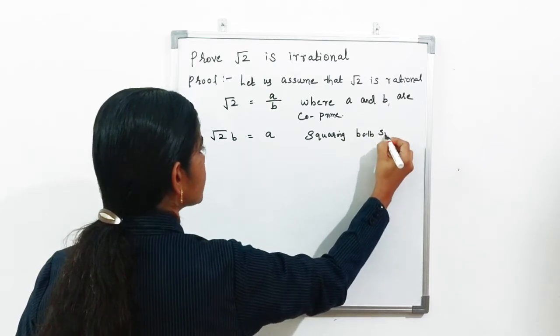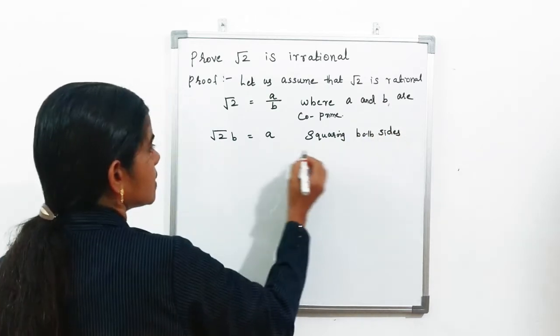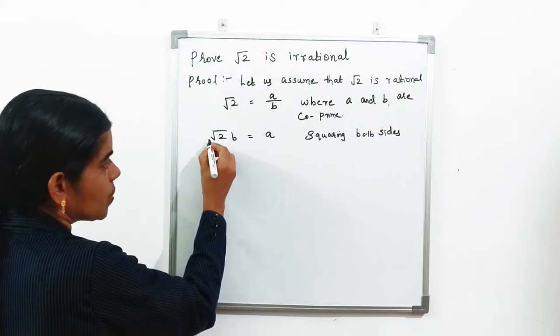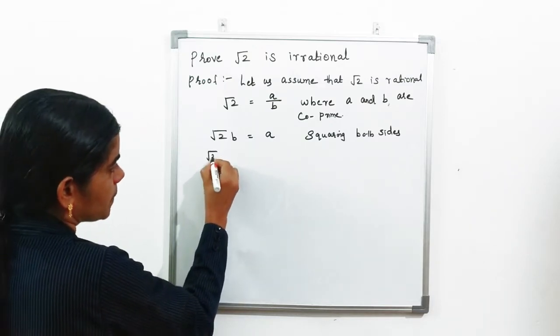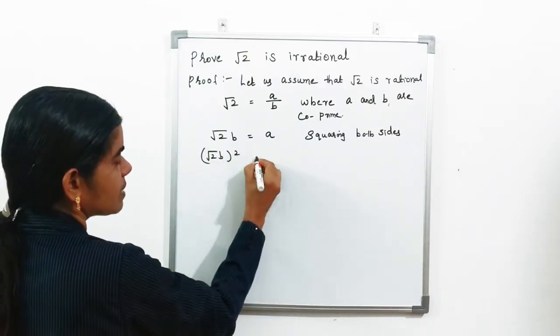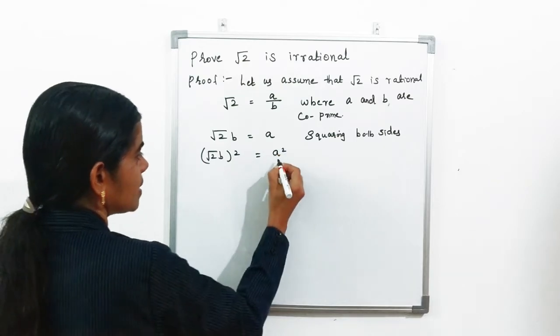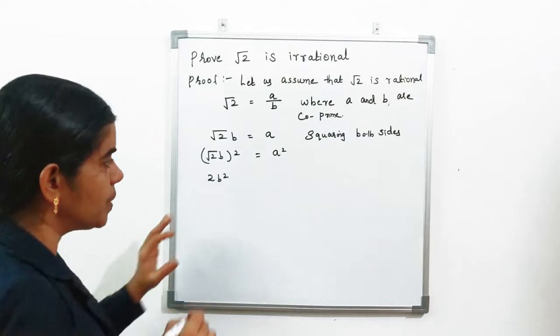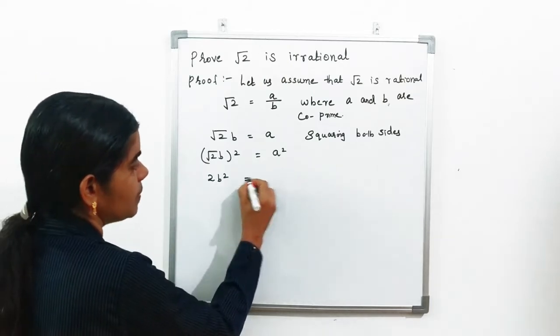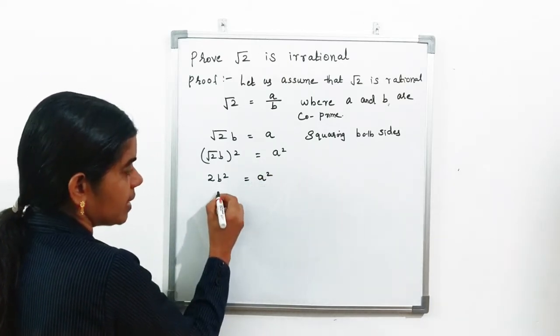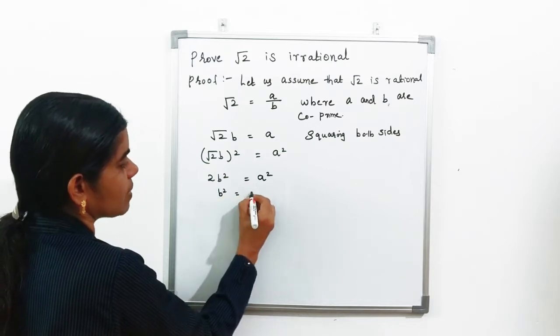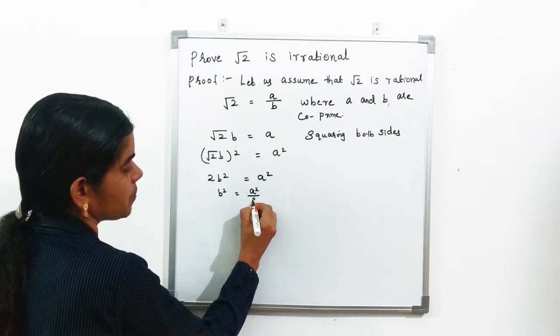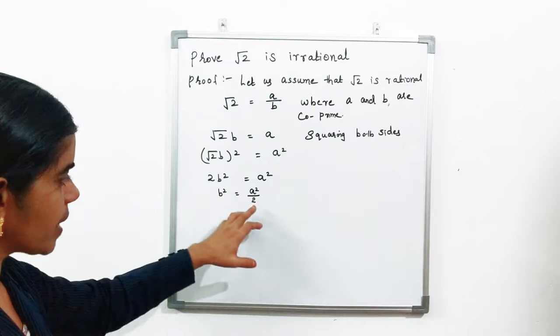Root 2 b whole square is equal to a square, that is 2b square, since root 2 into root 2 is 2. So 2b square is equal to a square. Then I write b square is equal to a square by 2.